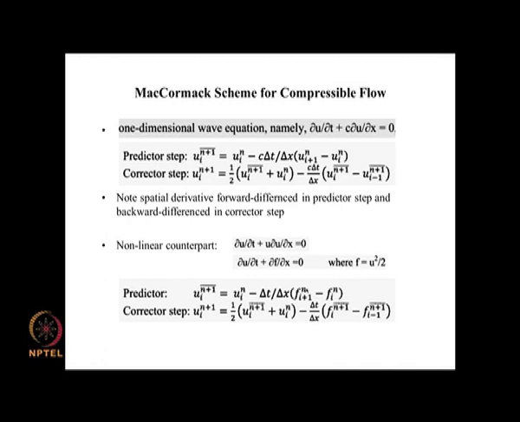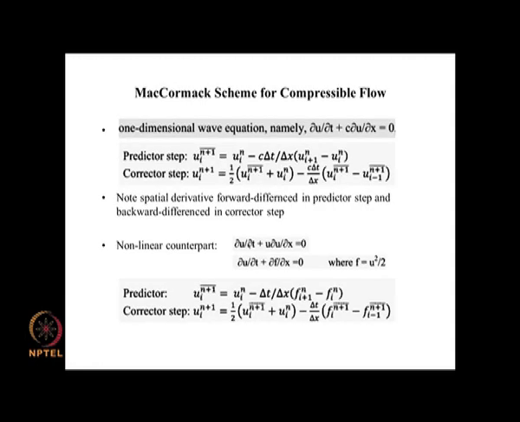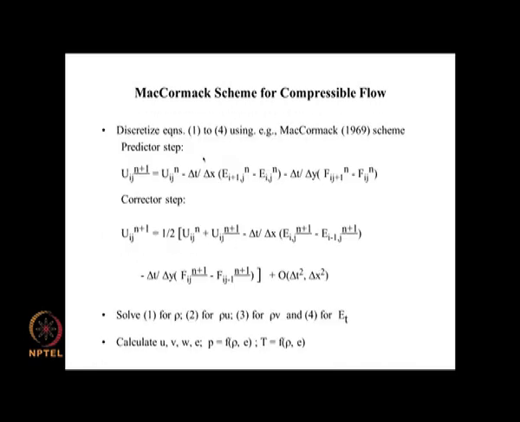Now, this is all one dimensional form. Now, how do we do the multi-dimensional form and how do we do the coupled equations? So, we extend this to this vector equation, this equation involving u, e, f as vectors, in the straightforward way.